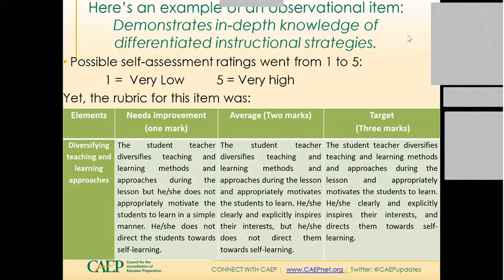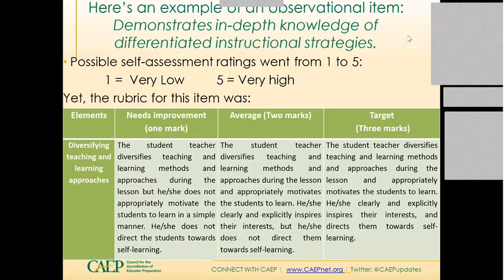And yet, there was a rubric provided for supervisors to rate candidates on whether they diversified teaching and learning approaches, which would relate to differentiating instructional strategies. And here, you can see there were just three possible ratings. 1, needs improvement. 2, average. 3, target.